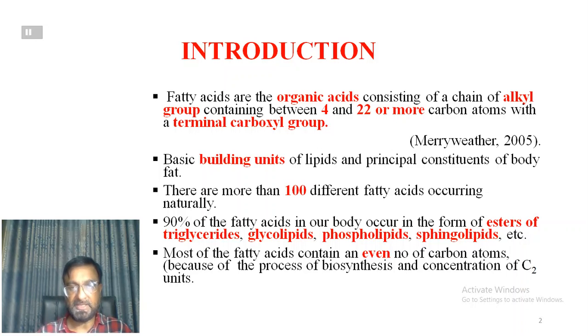So there are so many types of fatty acids. There are hundreds of types of fatty acids that occur naturally, but the dominant ones are up to C22, C24. 90% of the fatty acids in our body occur in the form of esters of the triglycerides, glycolipids, phospholipids, and sphingolipids.